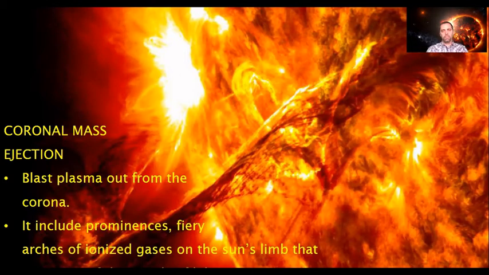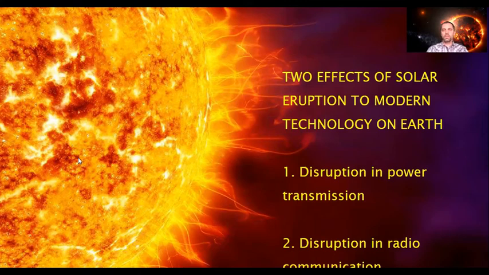They blast plasma out from the corona, and this rises tens of thousands of kilometers up into deep space. You can feel these phenomena also because they release a huge amount of energy, which affects modern technology. First, disruption in power transmission, and second, disruption in radio communication as well.